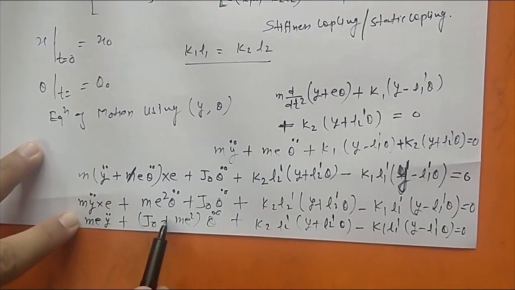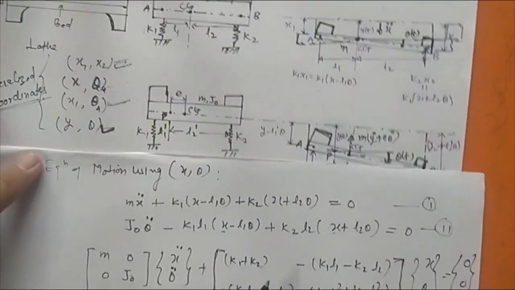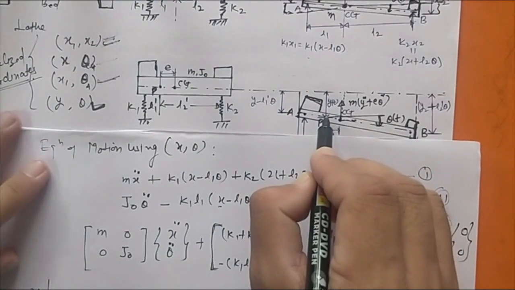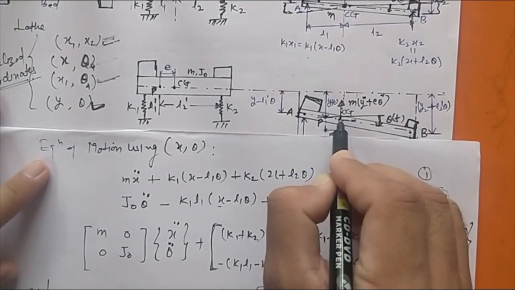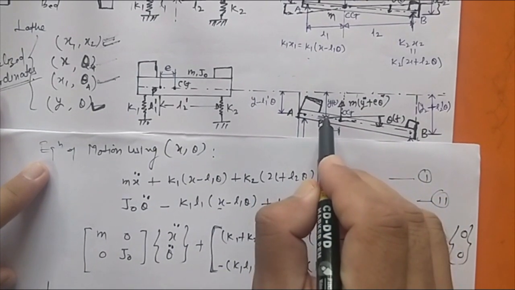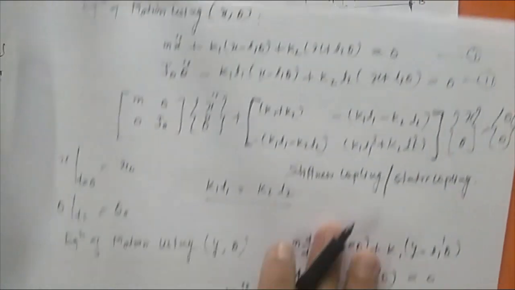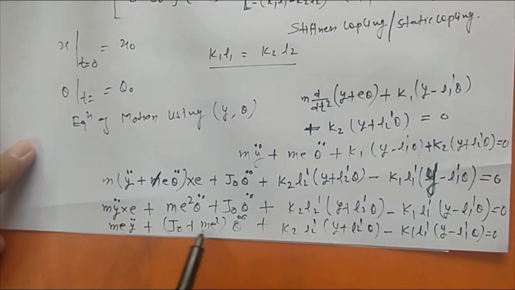So this J naught plus m e square is the mass moment of inertia about point P. J naught plus m multiplied by offset square is the mass moment of inertia about point P, so this term can be written as Jp.